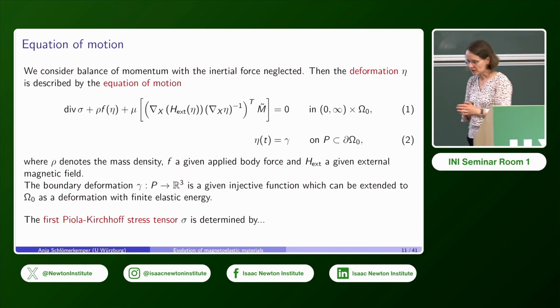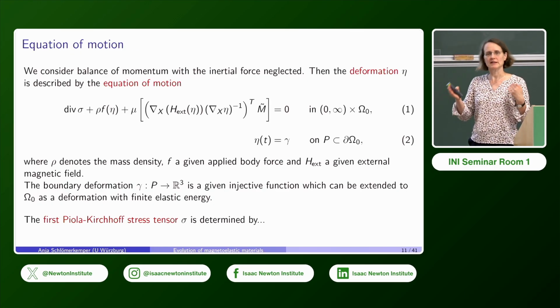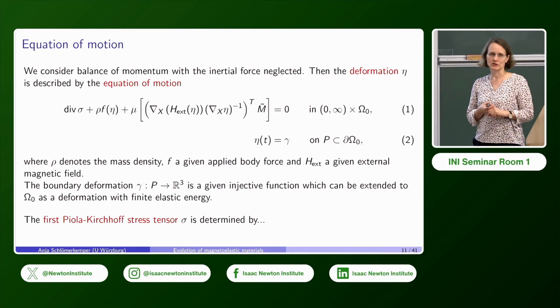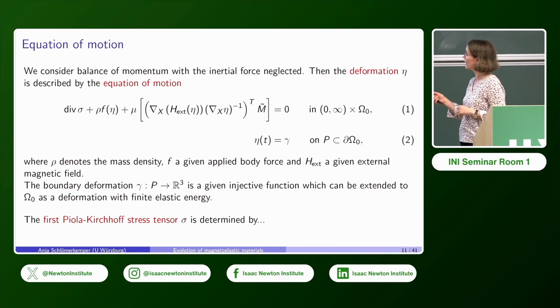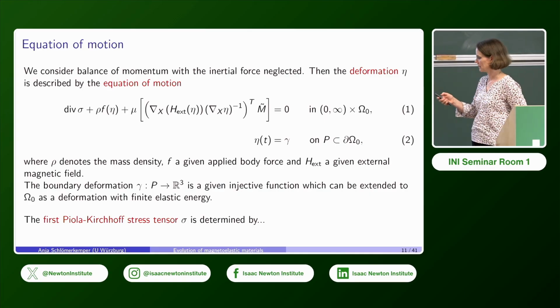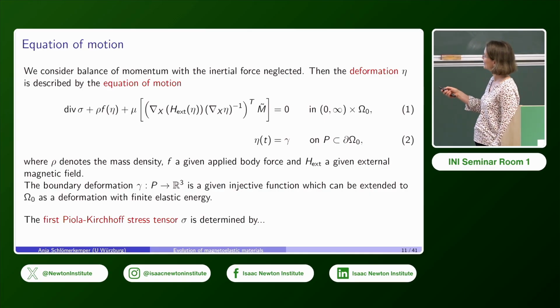So now we would like to look at the equations of motion, and then I will also look at an equation for the magnetization vector. For the balance of momentum, I will neglect the inertial forces. And so we have a 0 here, and it is equal to the divergence of sigma.